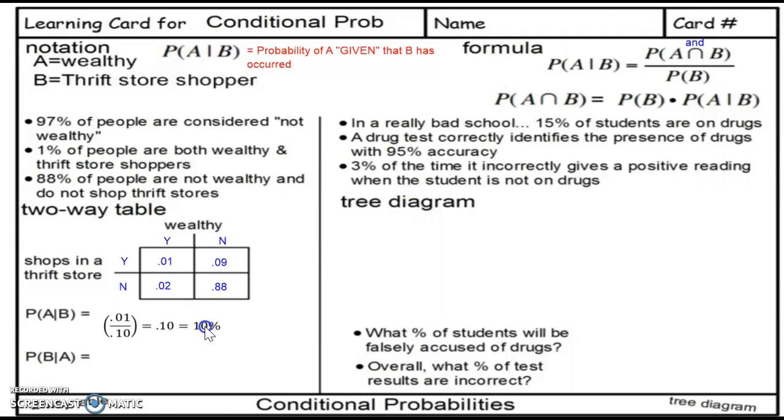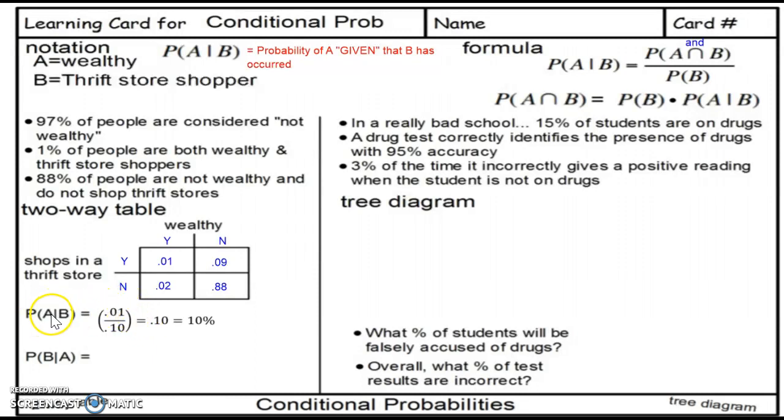And that turns out to be this. The probability of being wealthy and a thrift store shopper is right here at 0.01, yes and yes, divided by the probability of being a thrift store shopper alone, that would be 0.01 plus 0.09, which is 10%, or 0.1.